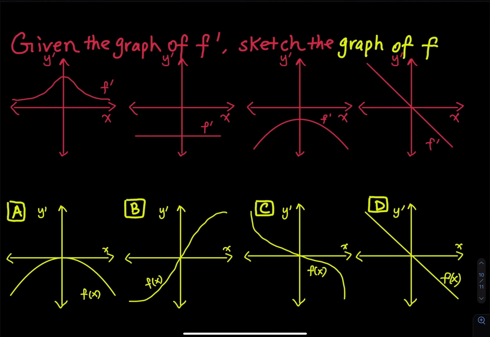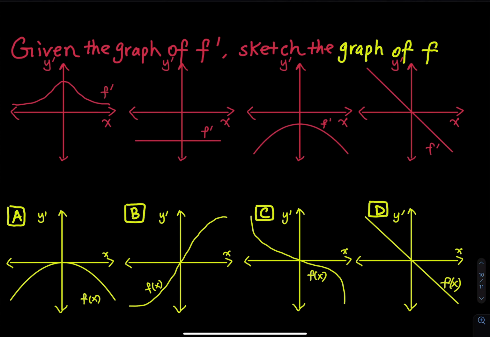Let's go from left to right. The one on the left, we have this graph. For this graph, I would focus on this region. I would use my highlighter to cut this region out. What is the difference between this piece and this piece?